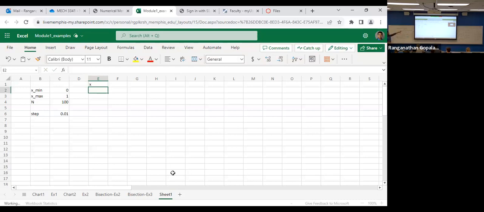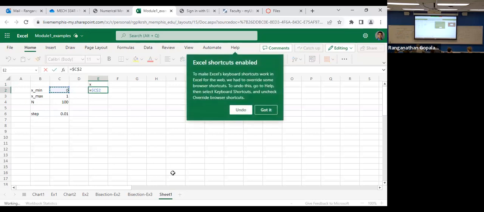It should be equal to 0, which generally speaking is X minimum. So I'm going to write the first value to be equal to X minimum, and I'm going to freeze it, meaning that's not going to change. What is my second value of X? It is 0.01, which I can get by taking my first value and adding 1 step length to that.